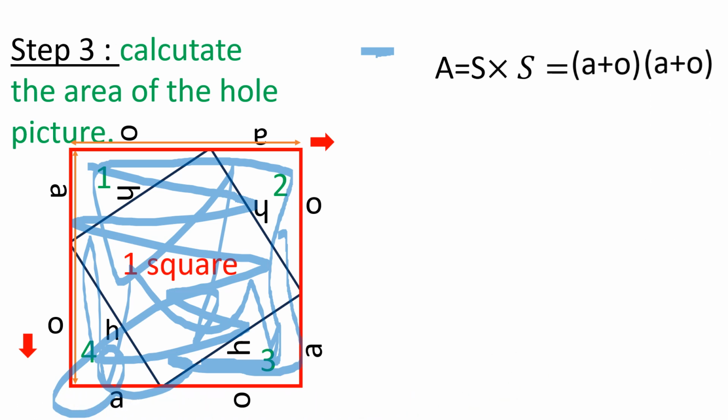This is how to calculate the area of this figure. We take the measures of this side and multiply by the measurements of this side.